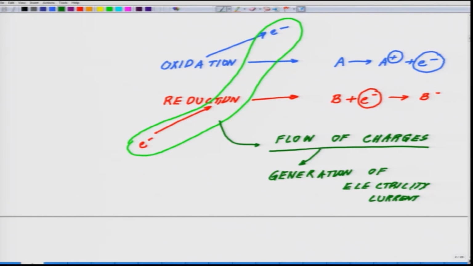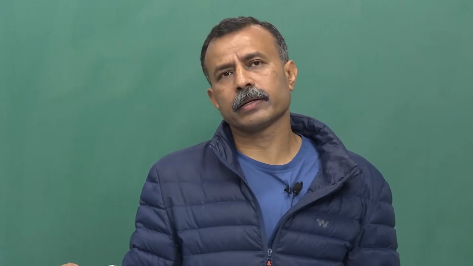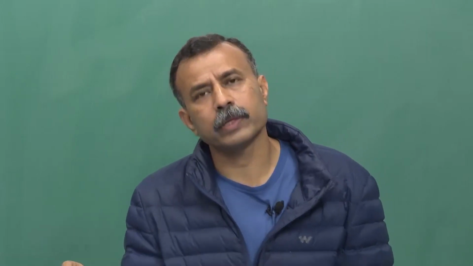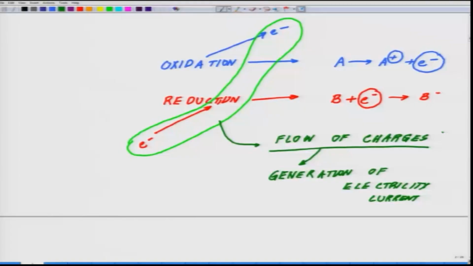It may be a small amount, it may be some picoampere, nanoampere, whatever, that does not matter. Do not take into account the magnitude of that current, but what is important for you to realize is that indeed all these systems, by virtue of oxidation and reduction, lead to flow of charges.